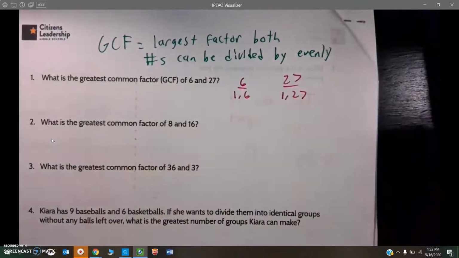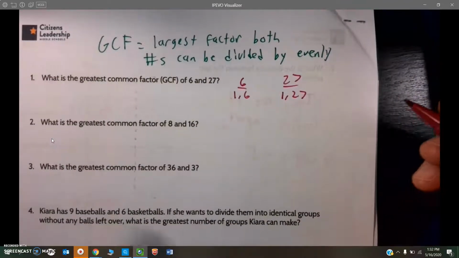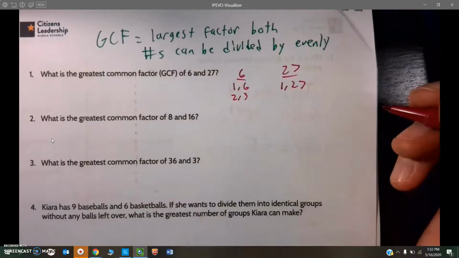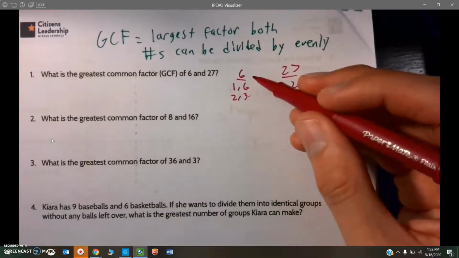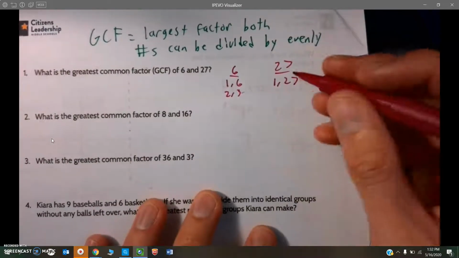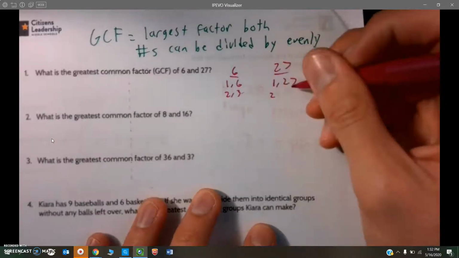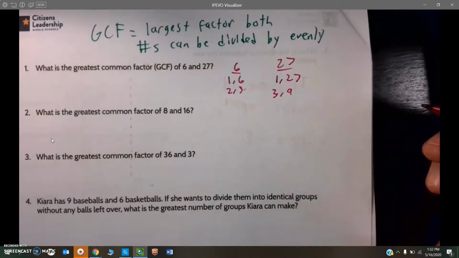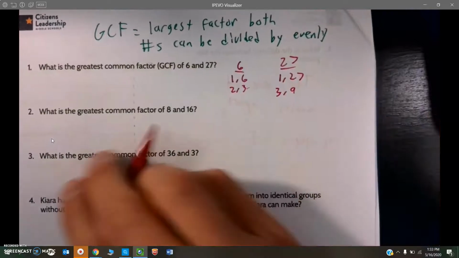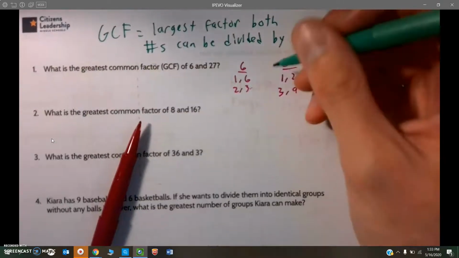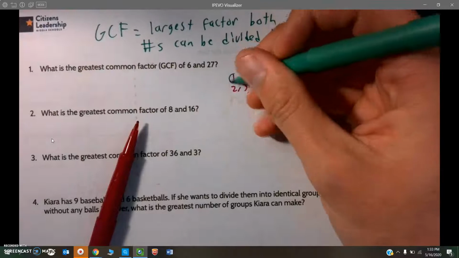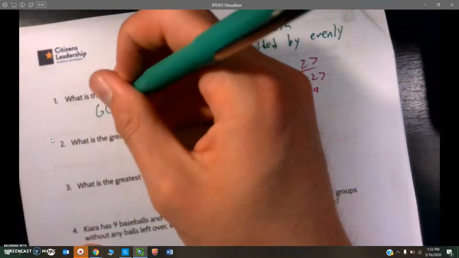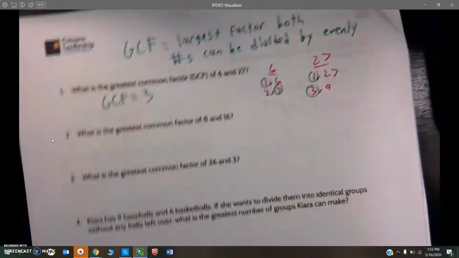Every single number in the universe is divisible by 1 and itself. 6 also has a factor pair of 2 times 3. 2 times 3 would also get me to 6. 27 is not divisible by 2, but it is divisible by 3 and 9, and those are the only factor pairs for 27. Looking at the ones they have in common, they both have 1s, and they both have 3s. So the GCF here is 3.